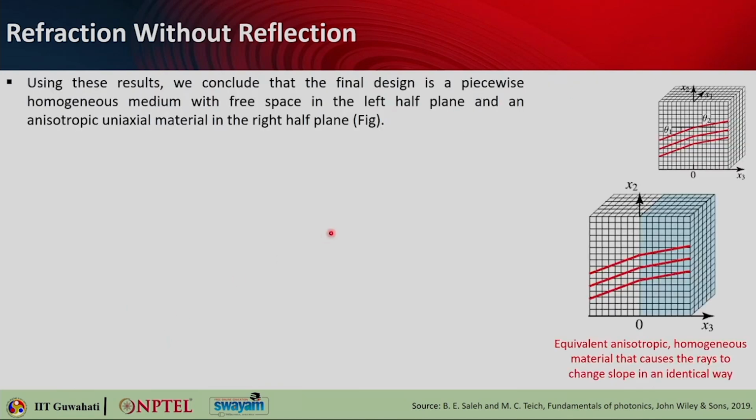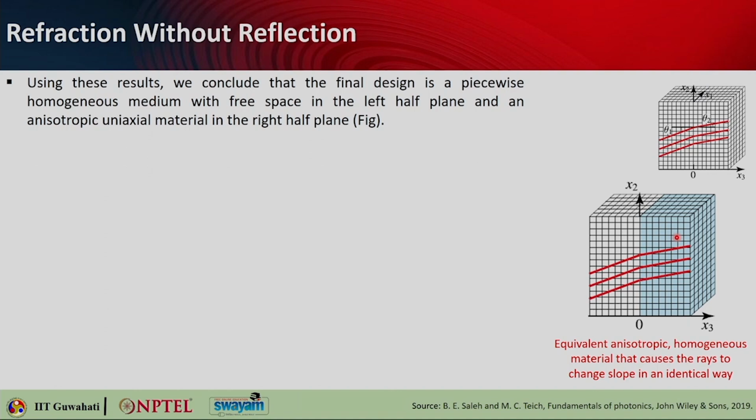Now using these results you can conclude that the final design is basically piecewise homogeneous. This material is one material, this is another material, that is why they are shown in different colors, okay. The left half is basically free space, and the right half is basically an anisotropic material.